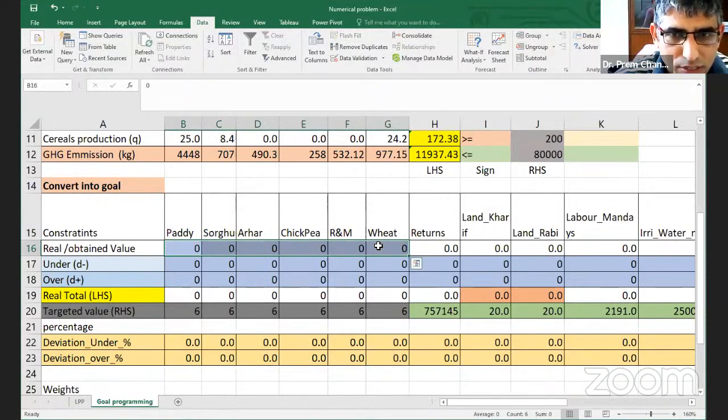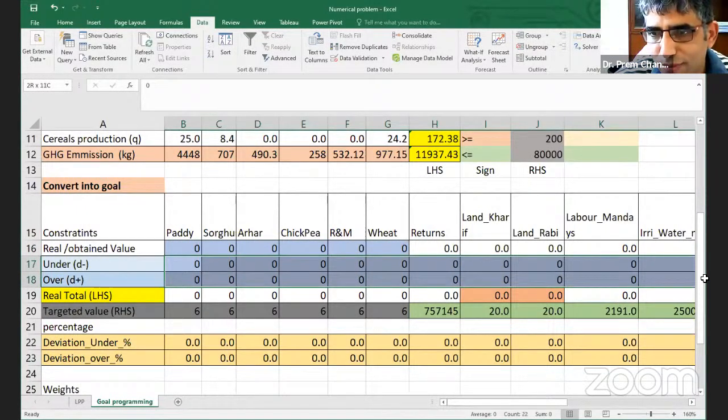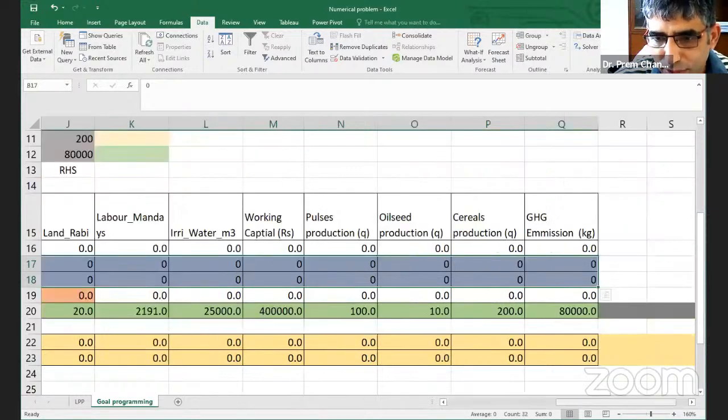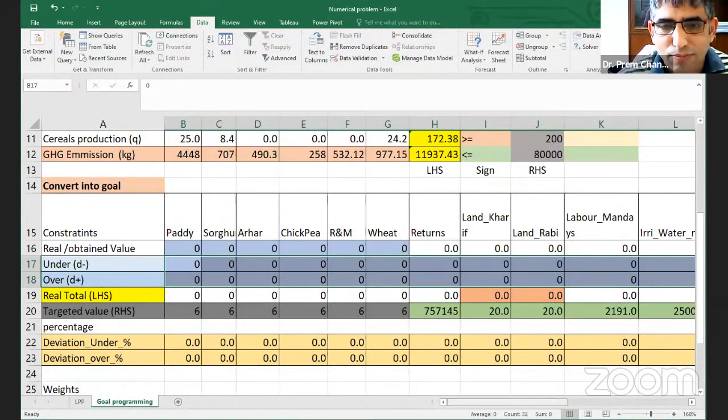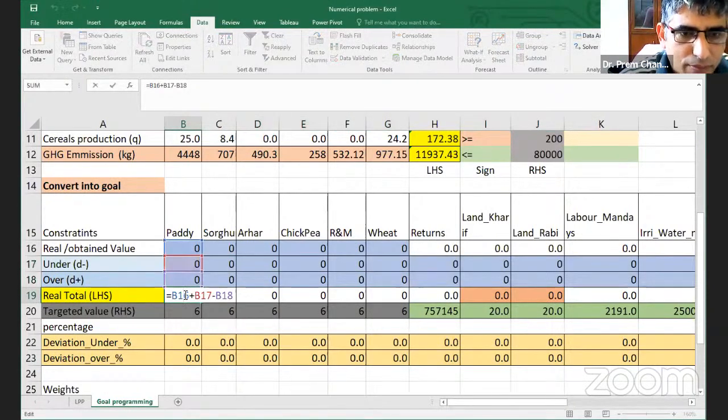And of course, these deviation variables will also become decision variables, because these will vary. So I have allowed the flexibility by adding negative deviations and subtracting positive deviations.